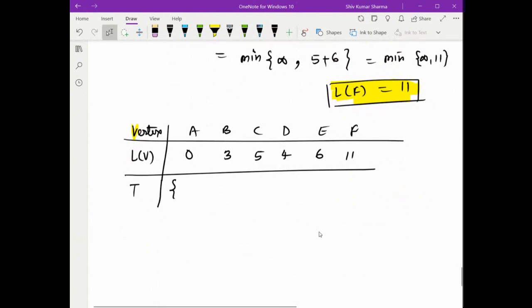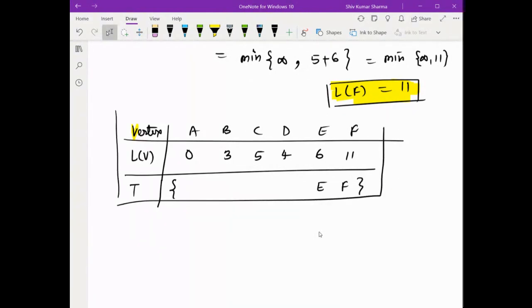So in the set T we write only two vertices. E and F are remaining to get the permanent level. So this is our new table.